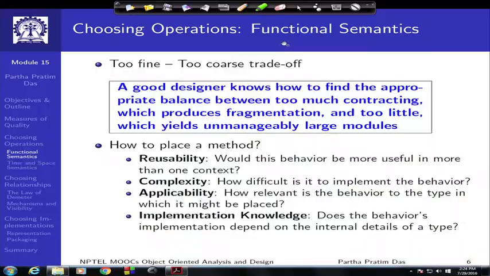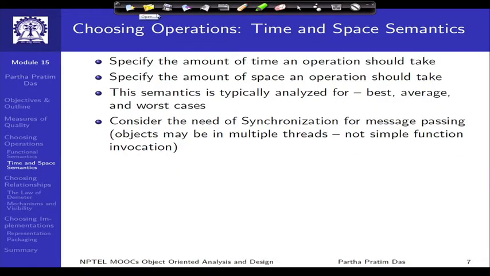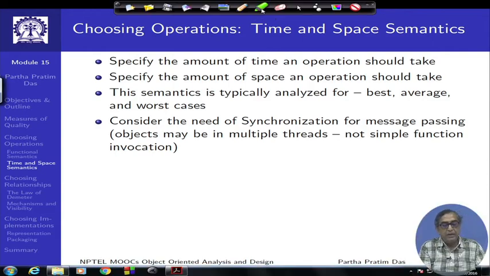Now, once we have the functional semantics, there are factors relating to more details of implementation, and some of the questions that need to be answered are in terms of amount of time and amount of space. Certainly, you will need to have some idea as to what you want.